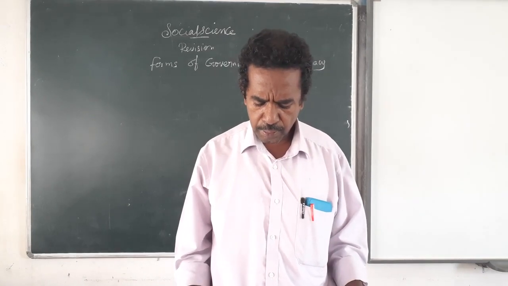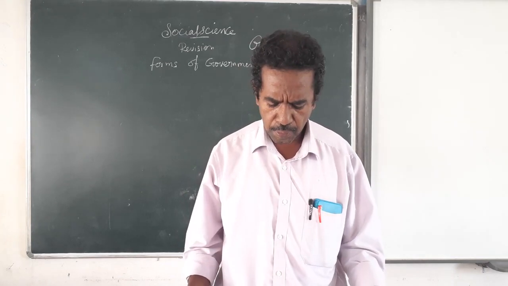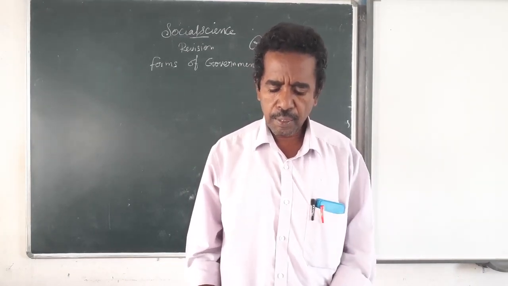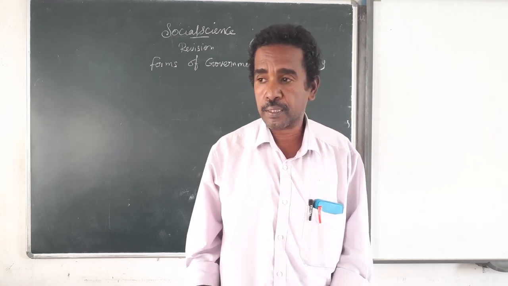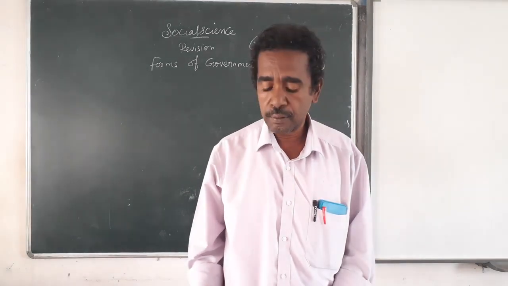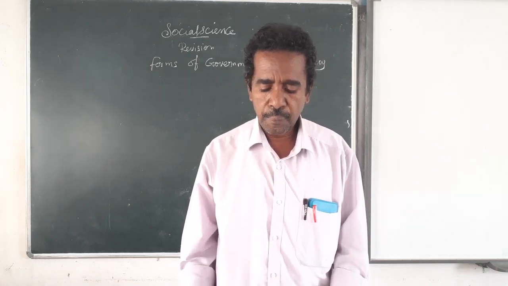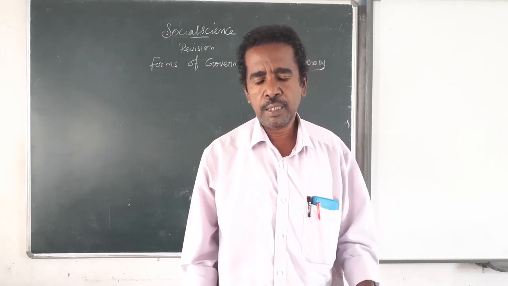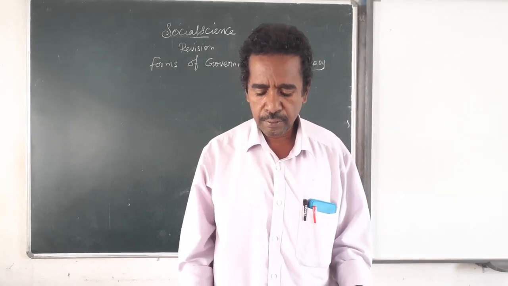Participation of people in decision making and consent of citizens are two important elements of the parliamentary form of government in India. For our country's democracy, the basic principles are sovereign, socialist, secular, democratic republic. Every person who is a citizen of India and is not less than 18 years old is eligible to cast the vote, that is adult franchise.